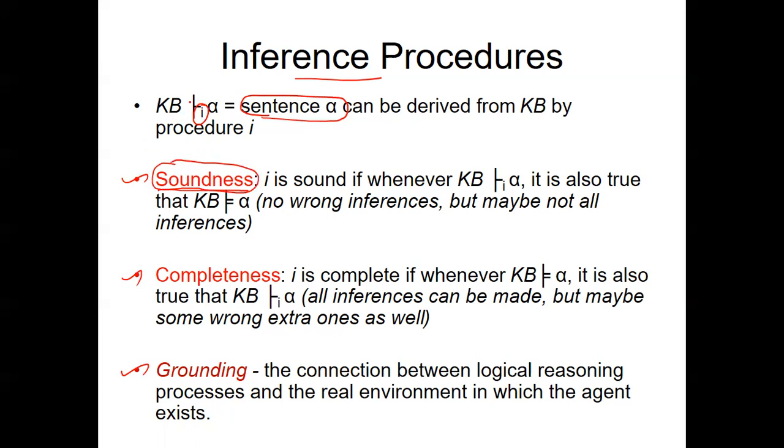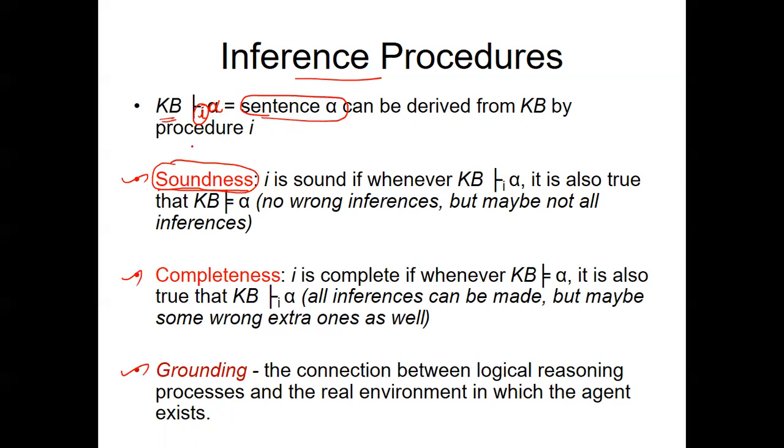When we say KB, this symbol, I, alpha, it means there is an inference algorithm I which derives alpha from the knowledge base KB. This inference algorithm is sound if all the sentences it derives from the KB are correct, that is, true.